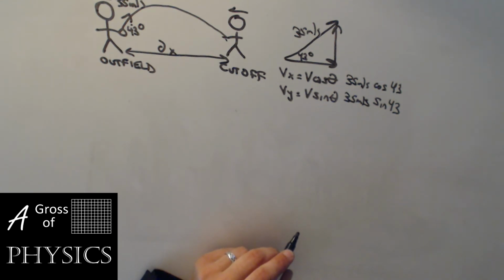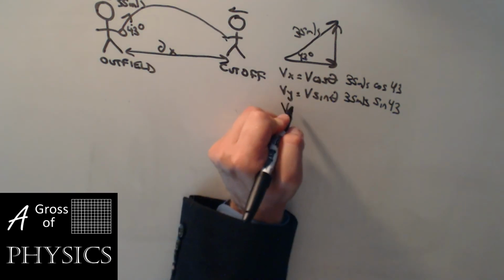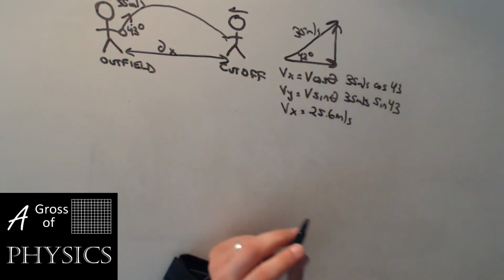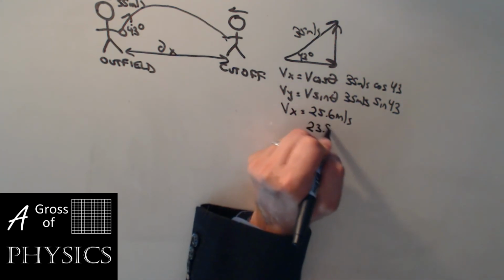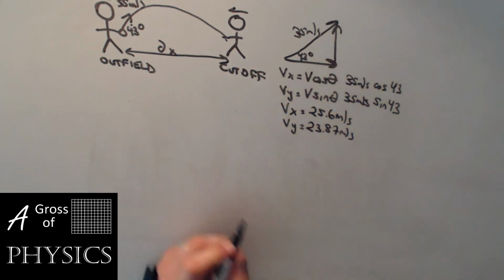So 35 times cos 43 equals 25.6 for Vx, and Vy, 35 times sine of 43, 23.87 meters per second, and that is Vy.